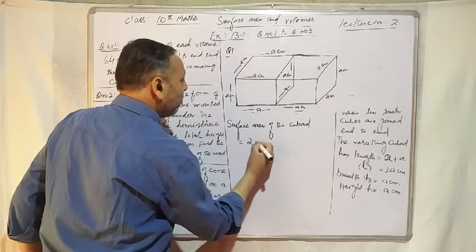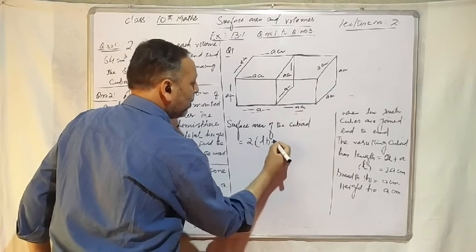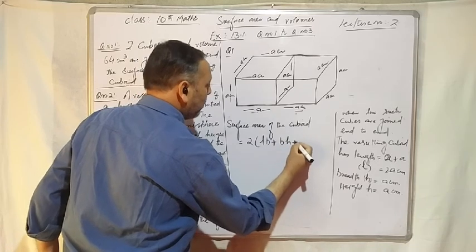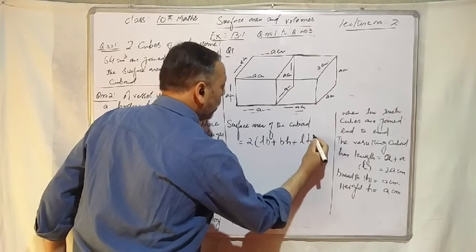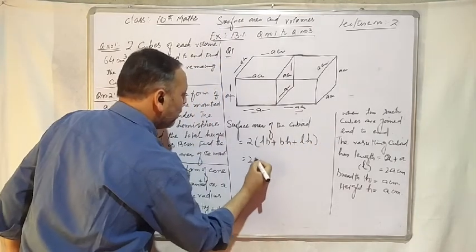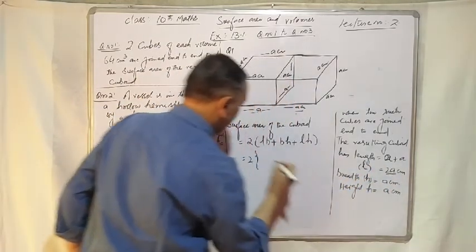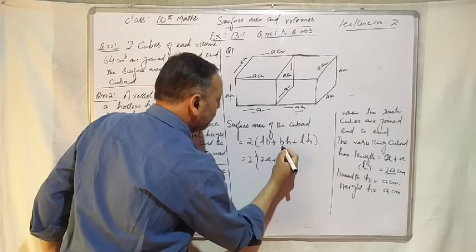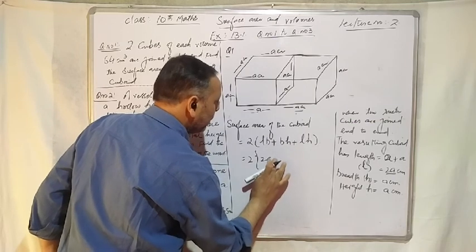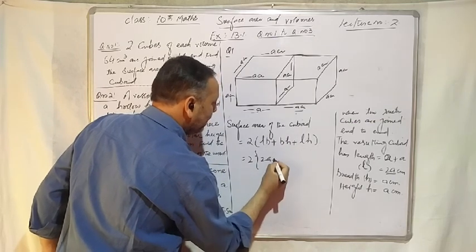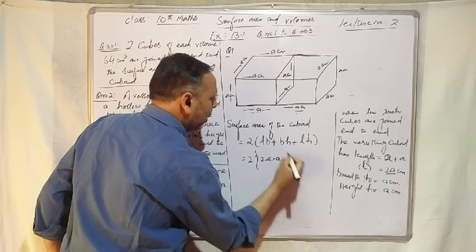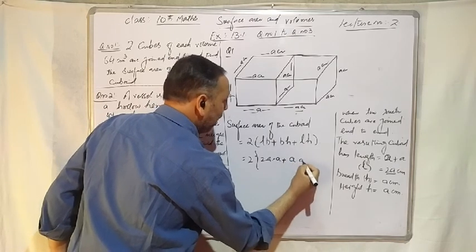It will be 2 times length into breadth plus breadth into height plus length into height. What is length? 2a. What is breadth? Breadth is a, height is also a.